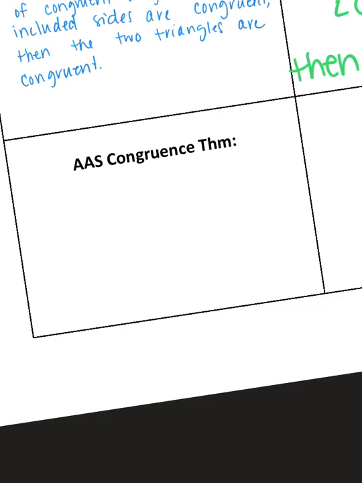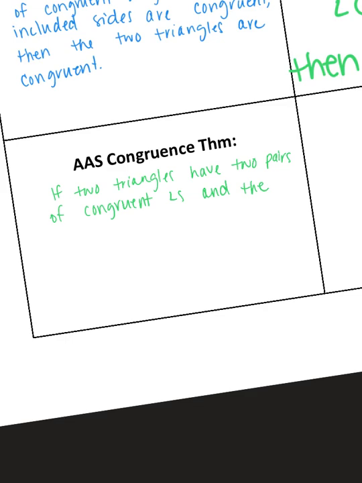And this time we're going to say if two triangles have two pairs of congruent angles and a pair of non-included sides that are congruent, then the two triangles are congruent.